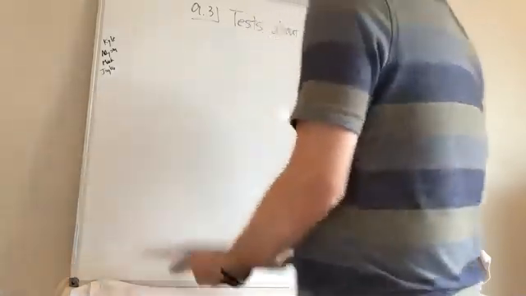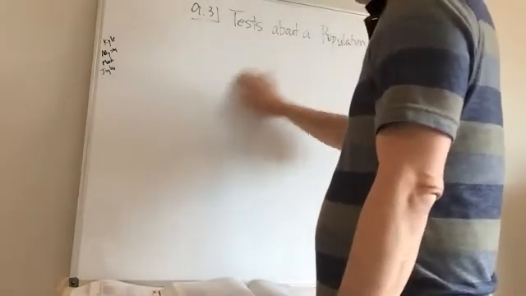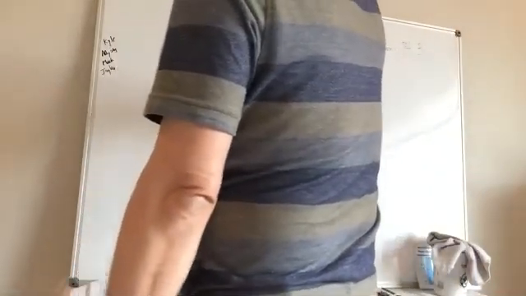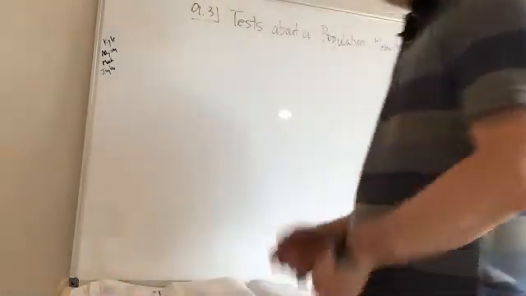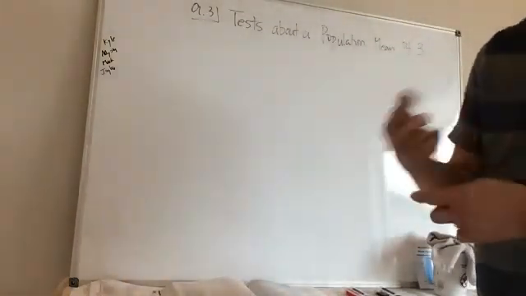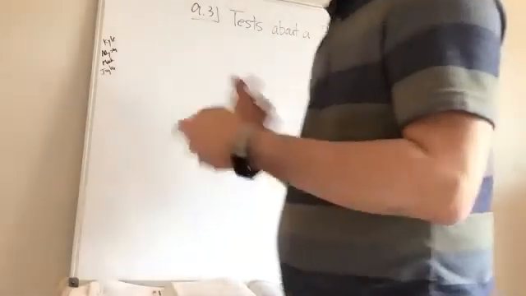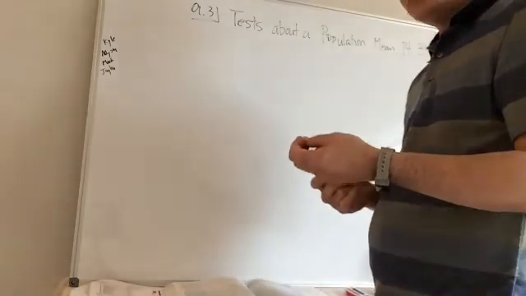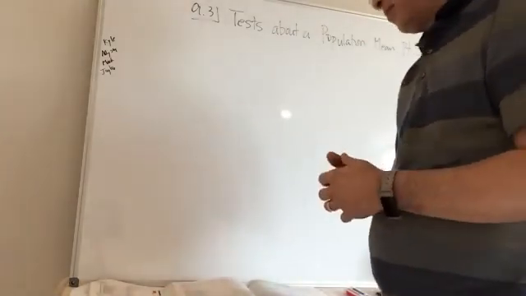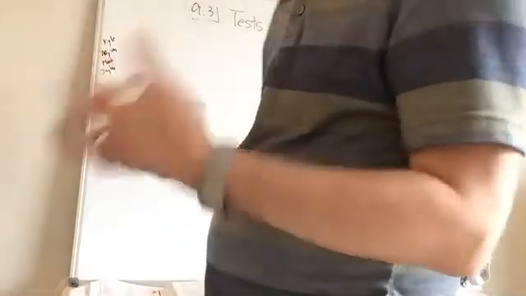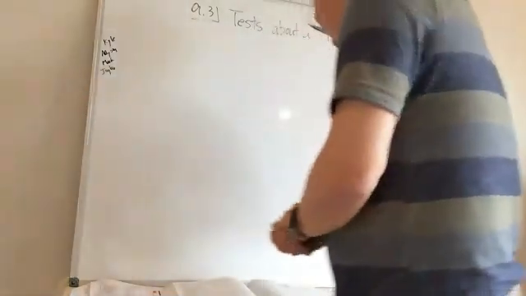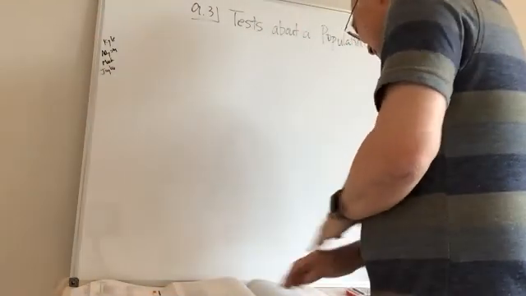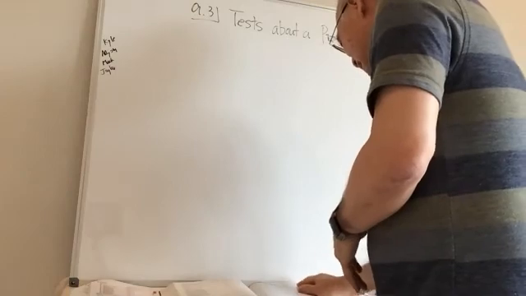In other words, you can manipulate data to change the p-value and change your test by doing the test over and over and over again until you get your desired p-value. Not a good thing to do, because you're manipulating data. So that's that. We have finished 9.3.